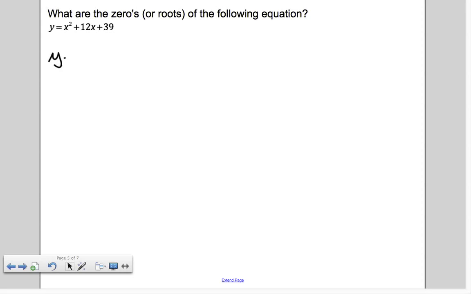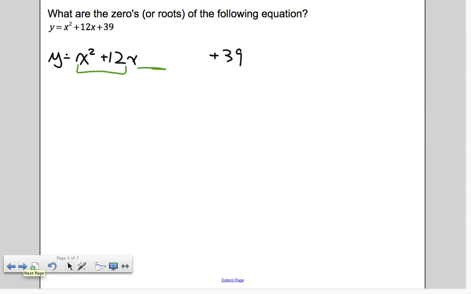So we have y is equal to x squared plus 12x plus 39. So what number do I need here to make this a perfect square trinomial?